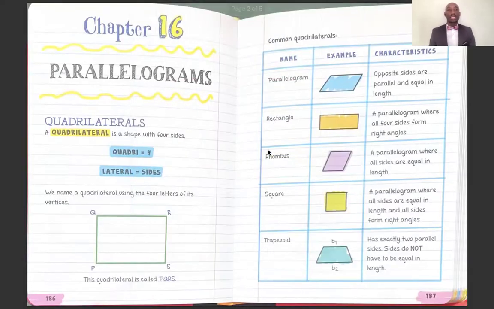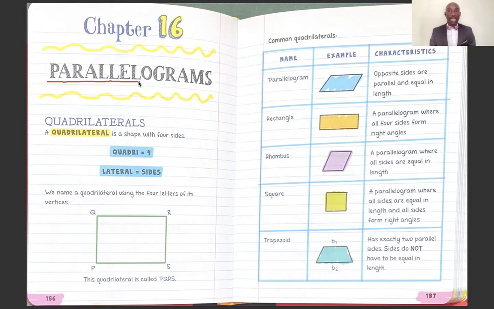Okay, Chapter 16, Parallelograms. If you look at parallelograms, we know that there's a root word present: parallel. We should recall, because we actually did several problems with pairs of parallel lines and a transversal, what does it mean to be parallel?